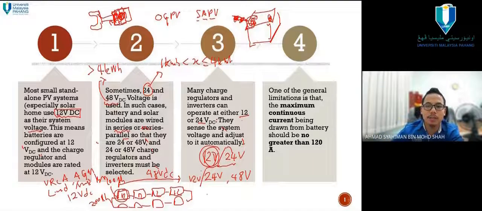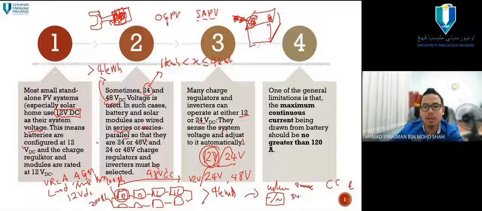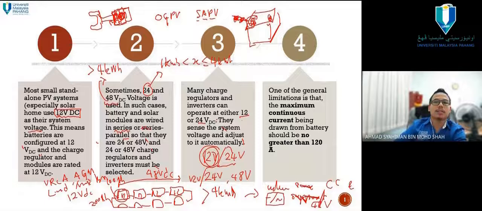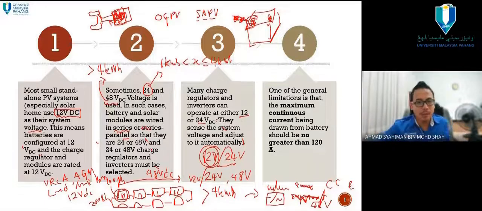Make sure the CC, charge controller, and inverter support 48 volt. Okay, don't make mistake.